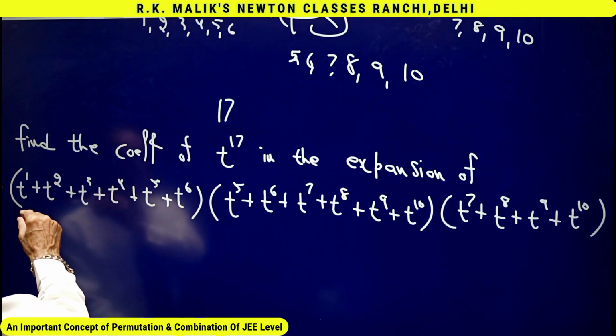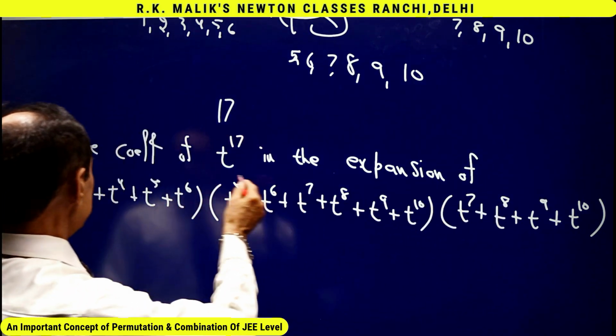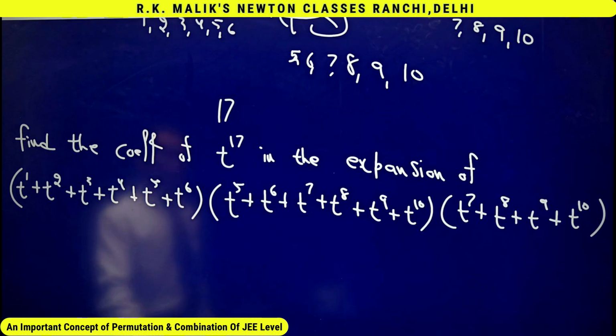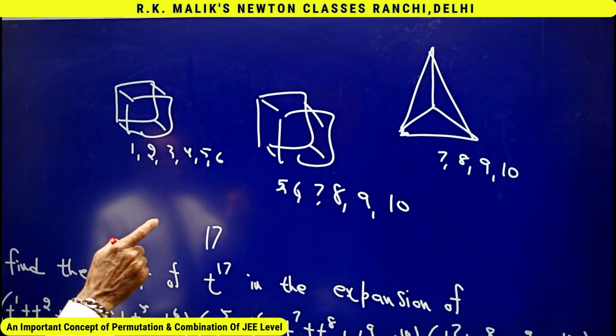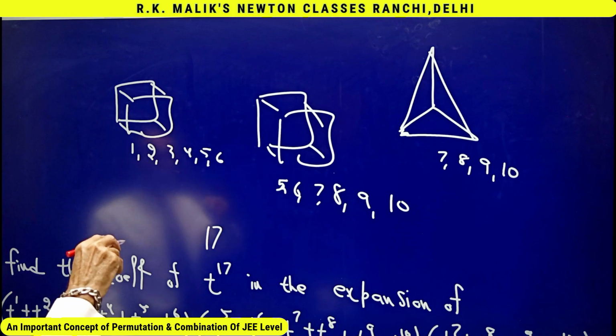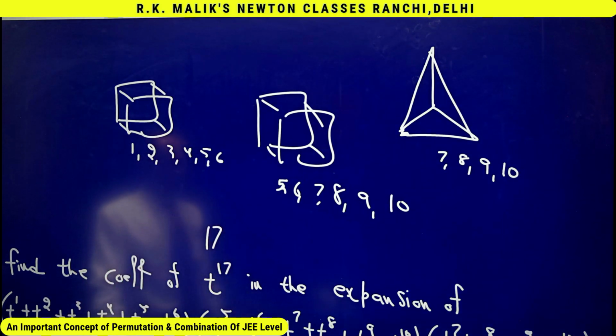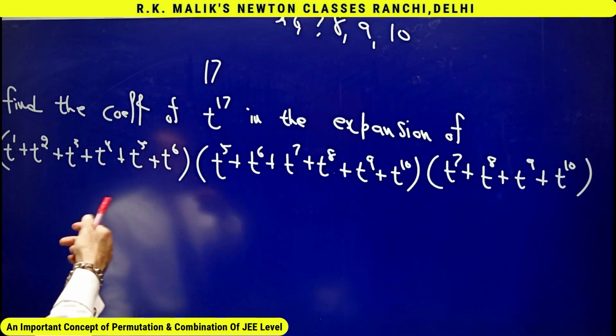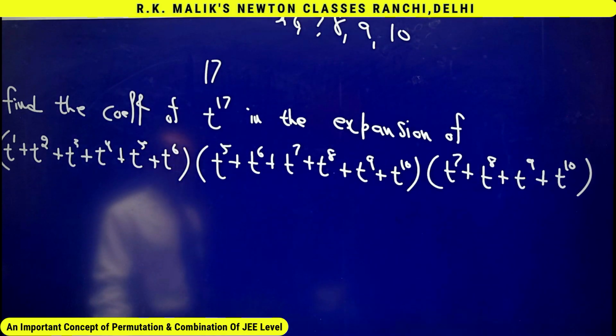The coefficient of t to the power 17 in the result after multiplying these brackets will indicate the number of ways of getting a total of 17 with the help of 3 dice. When the concerned question comes, I will tell you how to calculate it. That is only algebra.